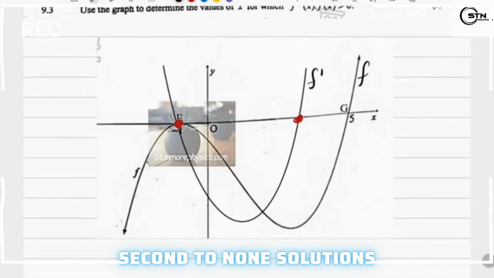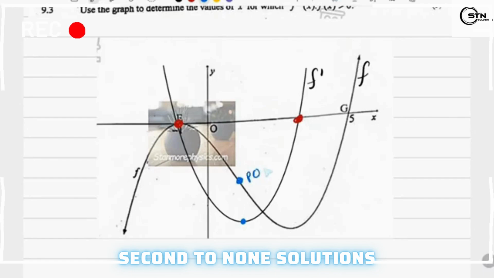So what does f double prime look like? If you derive a parabola, you get a straight line. Because your parabola was concave up, your straight line is going to be an increasing function, but we need to at least know where it's going to be. So the thing about this parabola is the turning point of your parabola, the x value of that turning point is going to be the same x value as your point of inflection of your cubic function.